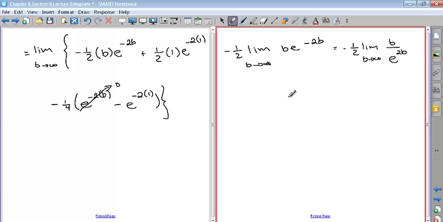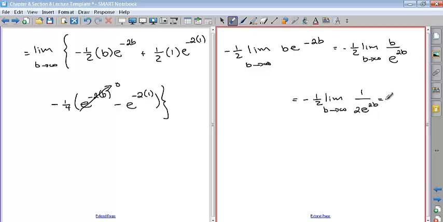So we have to take the derivative. If you take the derivative of the numerator and the denominator, with respect to b, you'll get 1 over 2e to the 2b. And now you can take the limit, because it won't be indeterminate: the numerator will be 1 and the denominator will be infinity, because you have e to the infinite power.